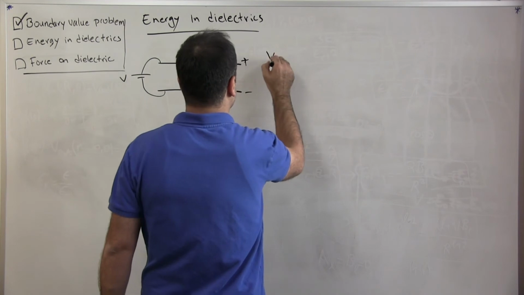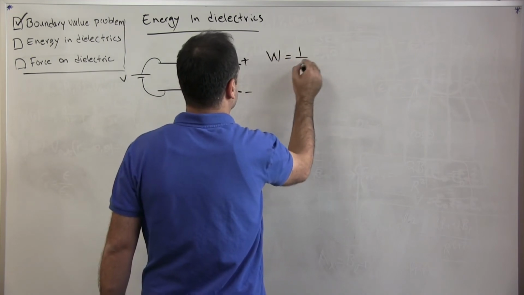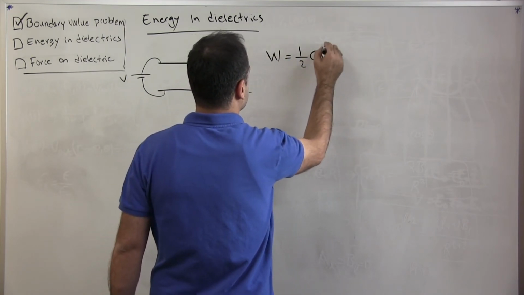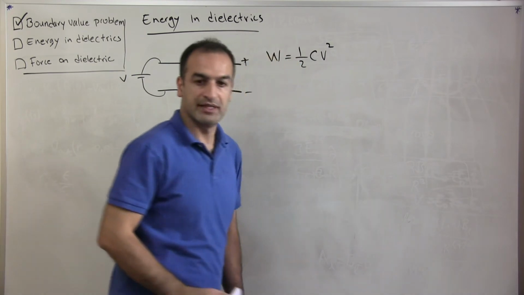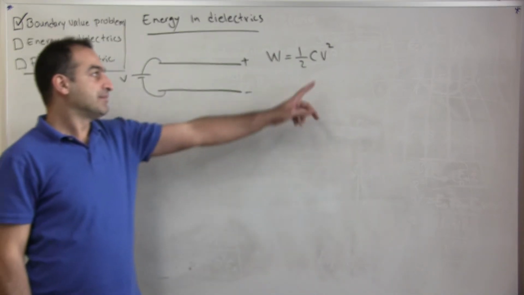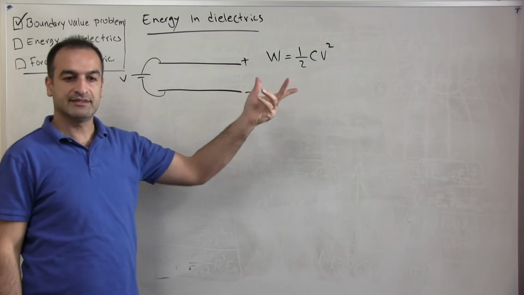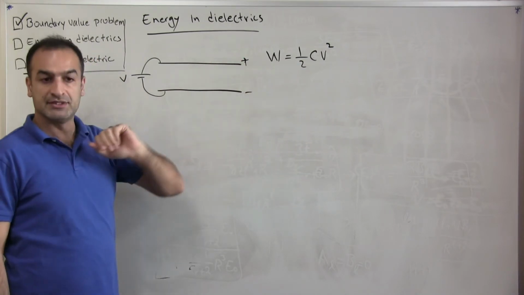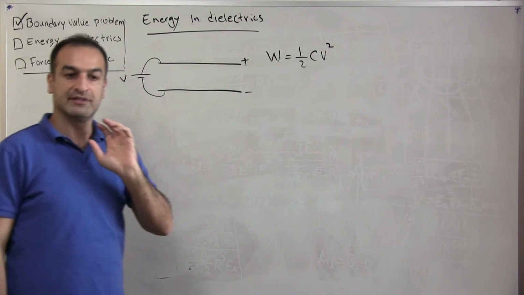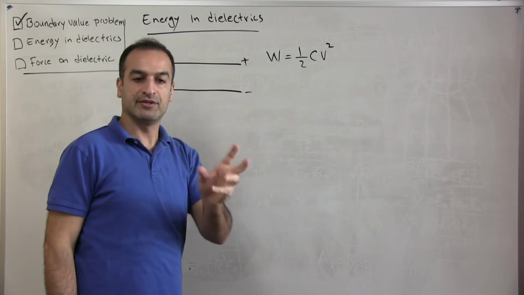And the energy of the capacitor, we calculated, is 1/2 CV squared. Okay, so V is the potential across the two plates, C is the capacitance, and W is the energy we have. Electric energy is stored in this capacitor.